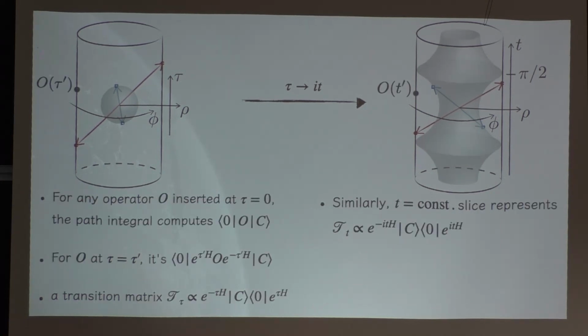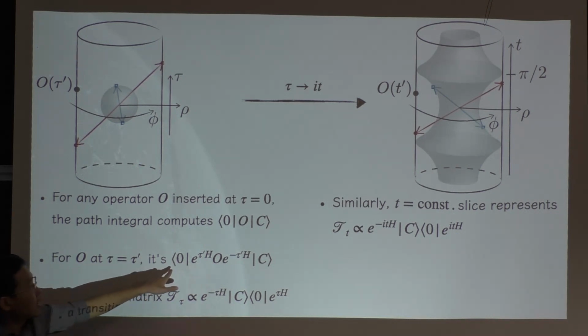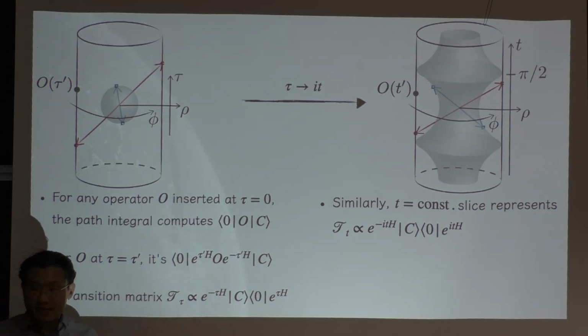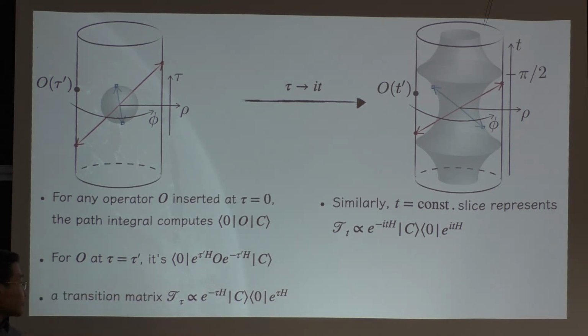Okay, now let us write it in the Hilbert space language. If we look at the Euclidean setup we're looking at, if we insert any local operator or non-local operator at a fixed time tau prime, then what we are actually computing is a local operator which is sandwiched by the ground state of the CFT and the crosscap state of the CFT.